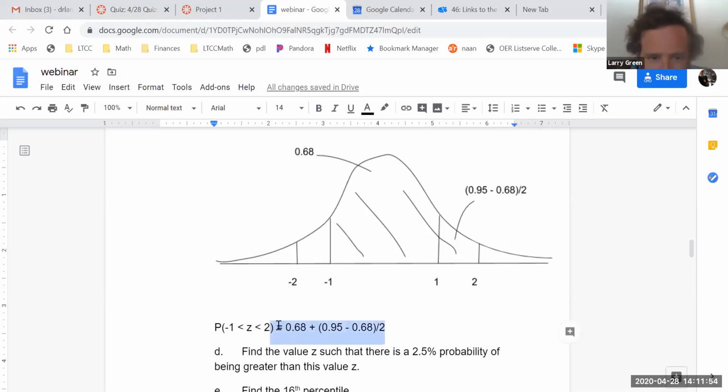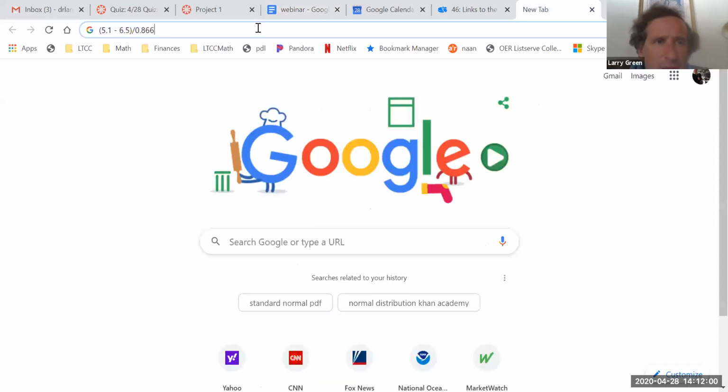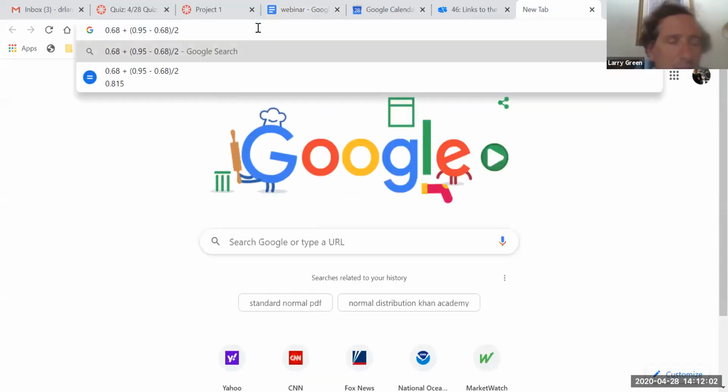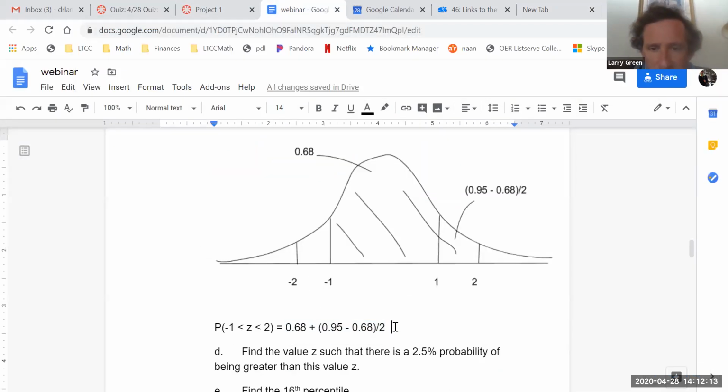And I'm just going to pop that in the calculator. That's the easiest way. And I get 0.815. Any questions at all on this idea here?